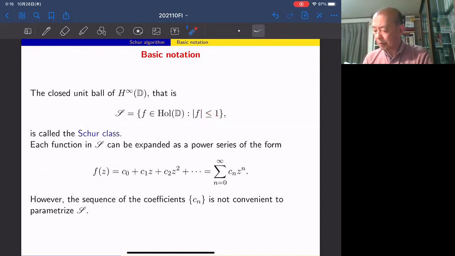That means this class contains the unimodular constant as well. And of course, this set may have several different topologies, but here we consider only the topology of local uniform convergence on the unit disk, so that this space is compact.